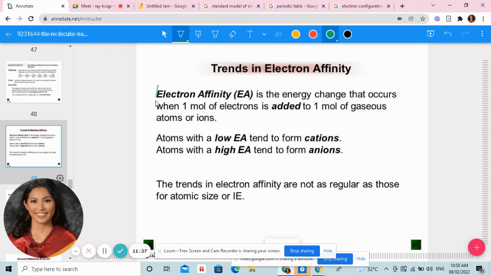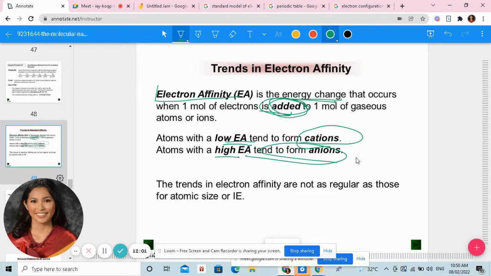Alright, we also have electron affinity. So affinity is the energy change that occurs when 1 mole of electron is added. So unlike ionization, which is removal, this time it is added. Low EA tend to form cations, high EA tend to form anions.